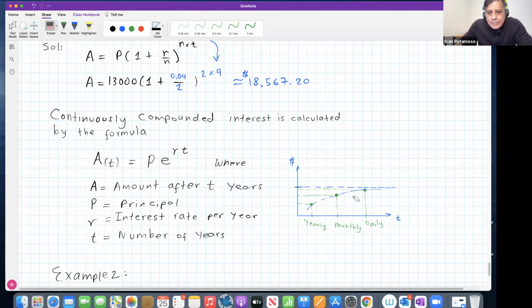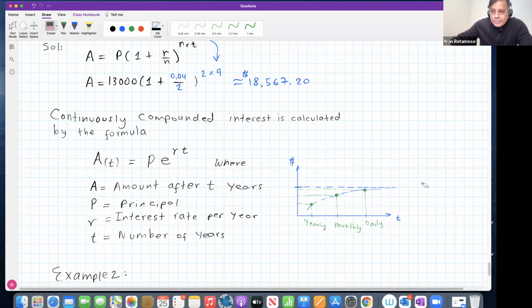Mathematicians have discovered that, right? It's not like it's gonna grow like crazy. It's bounded, this growth, okay? And moreover, mathematicians figured out that that bound is somehow related to Euler's number as a base in an exponential function.